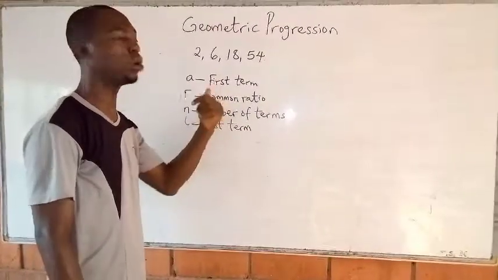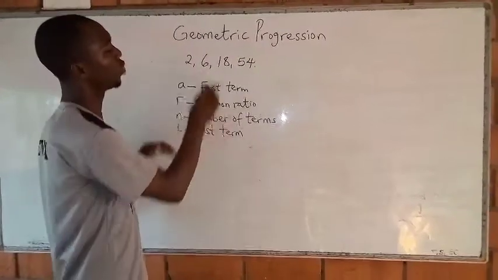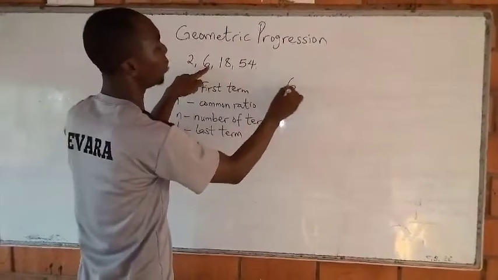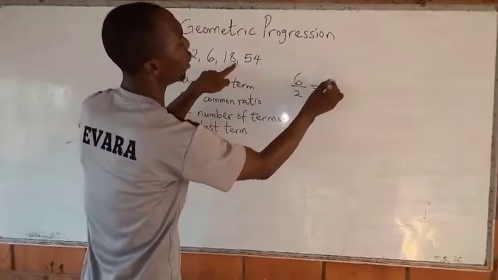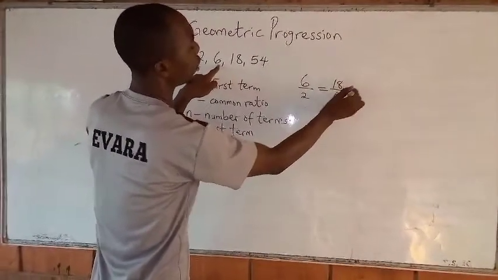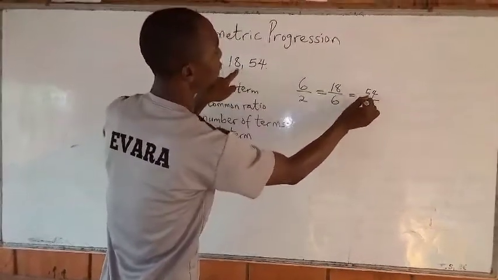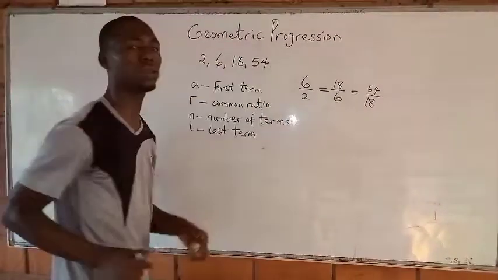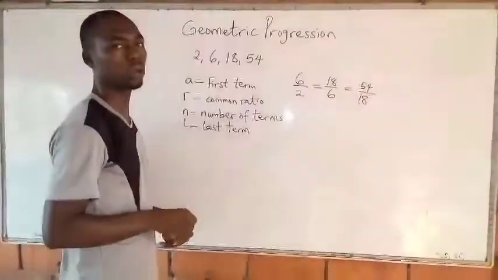What we have is a common ratio. We call it common ratio because if you divide the second term by the first term, you will get the same thing as the third term divided by the second term, and the same thing as the fourth term divided by the third term, and it continues like that. So that's why we call it common ratio.